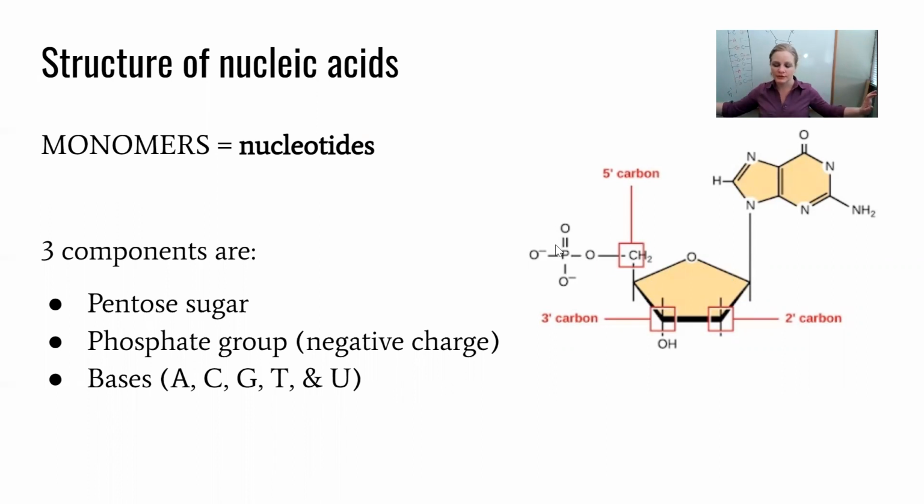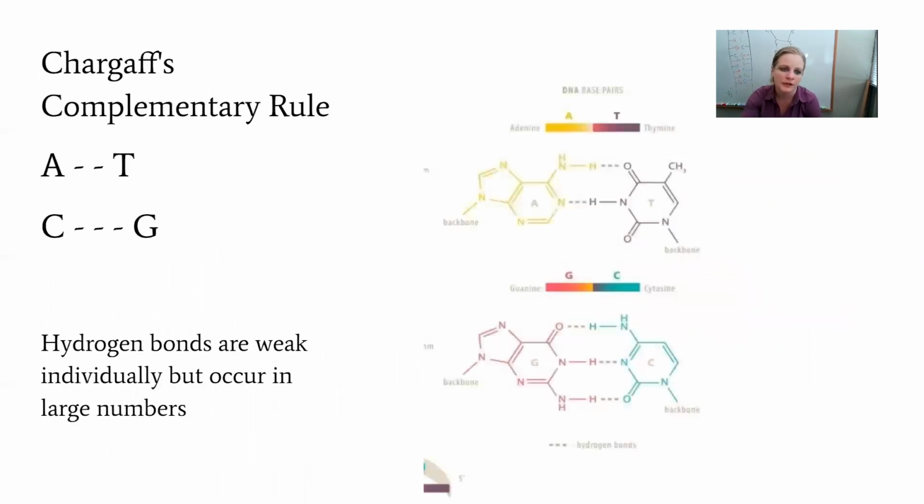Okay, so is this all sounding familiar? We've got our bases, they're A's, C's, G's, T's, or if we're talking about RNA, then we're talking about U's. Hopefully this is all coming back to you guys, where you're remembering all this stuff that we've already talked about in this class. We've already briefly discussed Chargaff's complementary rule. We didn't call it Chargaff's complementary rule, we just called it the complementary rule.